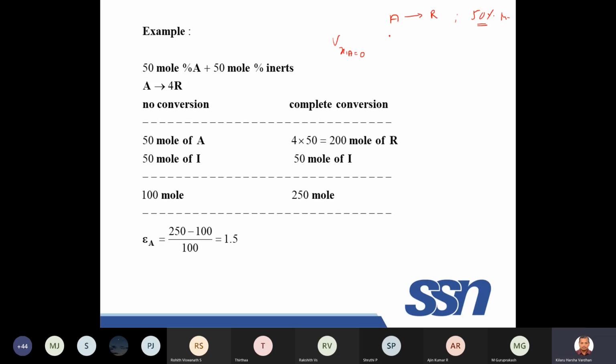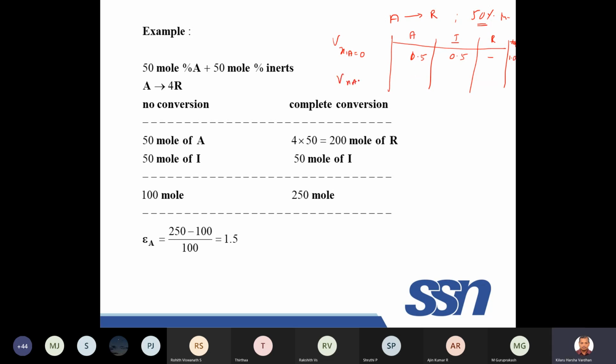You have to make a tabular column like this. This is A, this is inerts, this is R, and this is the total, right? Initially A is 0.5 because 50% is in it. Inert is 0.5. R is not there. The total will be 1.0.